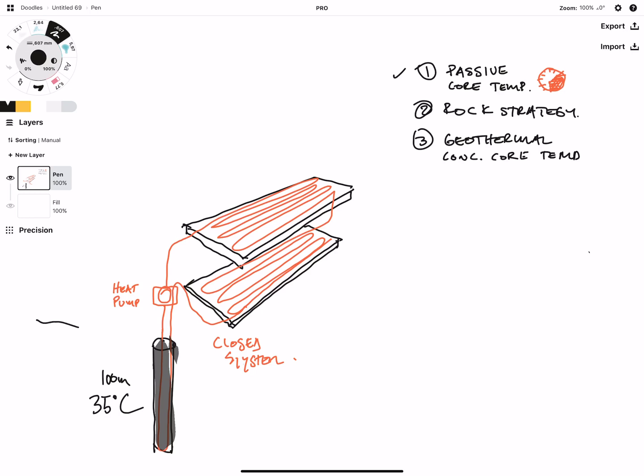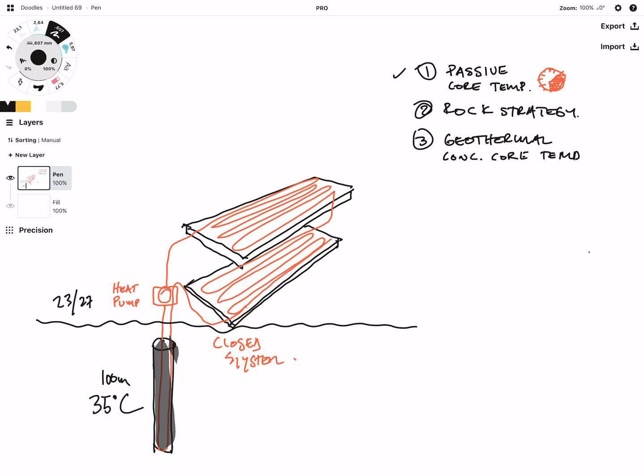If above the Earth you're looking at 23, 27, anything around there. By the time you get down to the ground, I think it's 35 degrees Celsius, I'm not 100% sure.